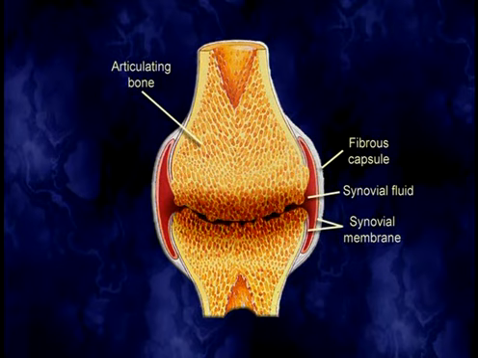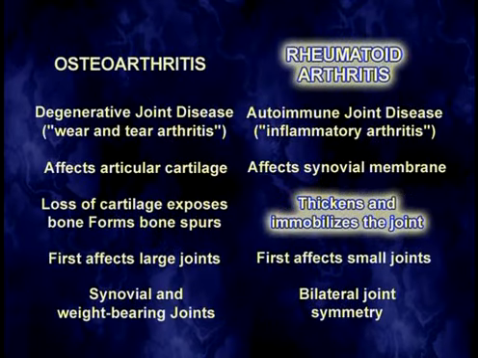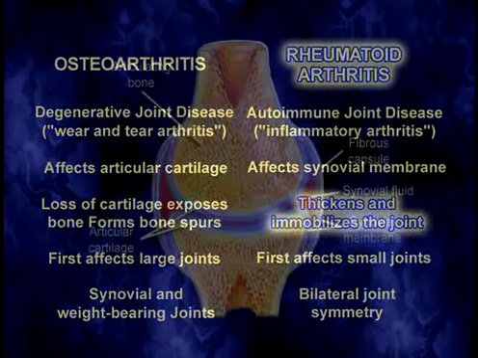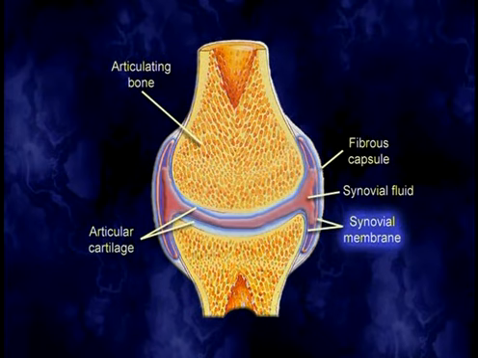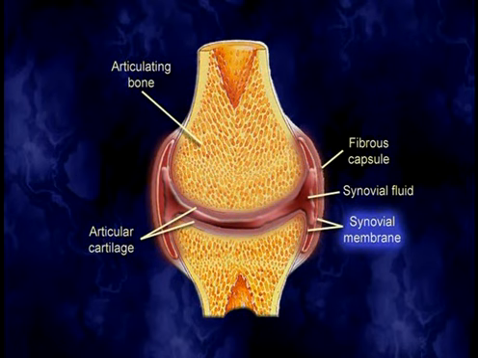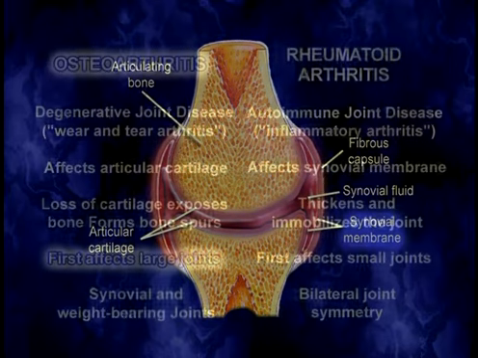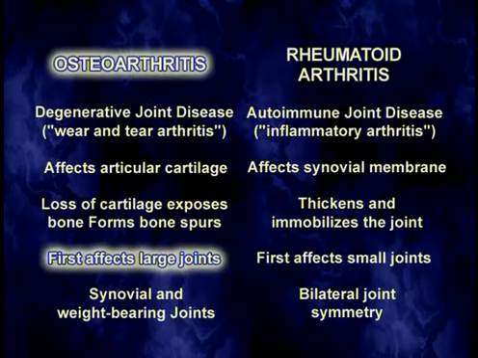In the rheumatoid arthritis, the patient has an inflammation of the synovial membrane, which gets thicker, lays down fat and scar tissue, and can also immobilize the joint, but by what's called a pannus, or this thickened synovial membrane. You go into this joint, and it's full of membrane clogging up the joint. Osteoarthritis tends to, at first, affect large joints like the knees and the hips, although it can go anywhere.